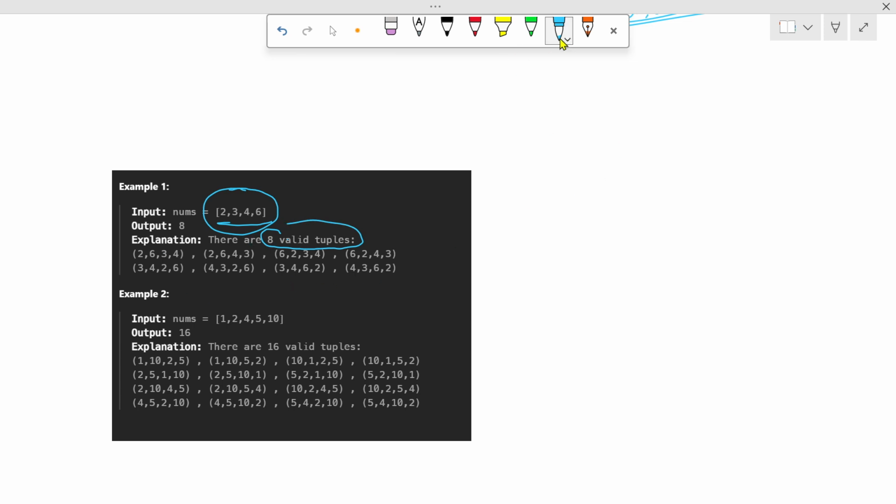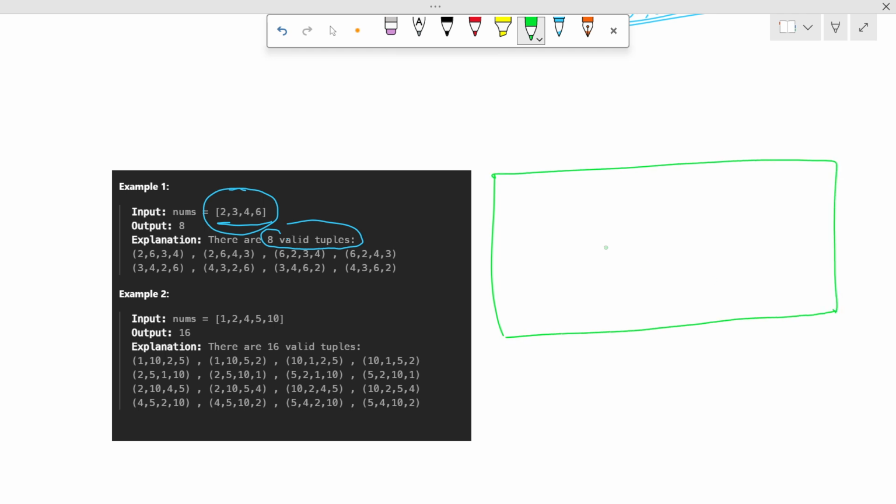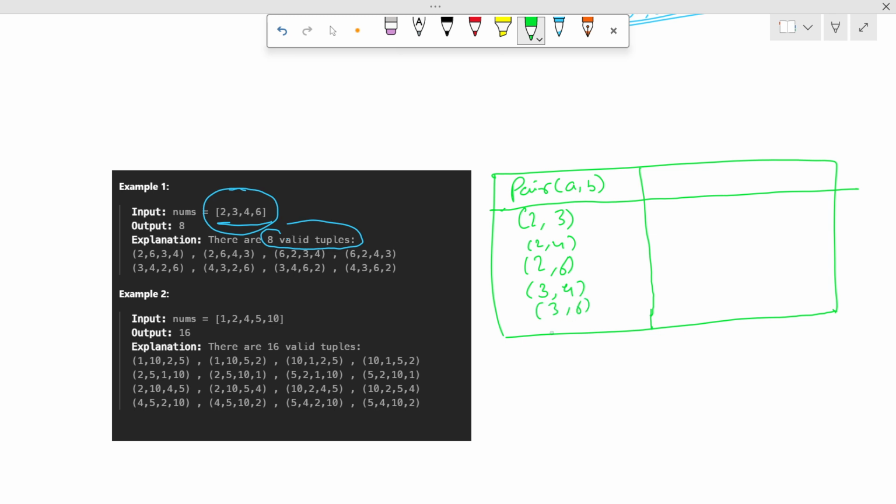First we take the pairs (a, b): 2 comma 3, 2 comma 4, 2 comma 6, 3 comma 4, 3 comma 6, and 4 comma 6. These are our valid pairs.